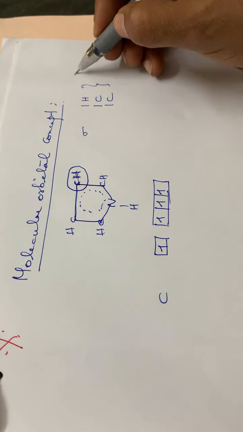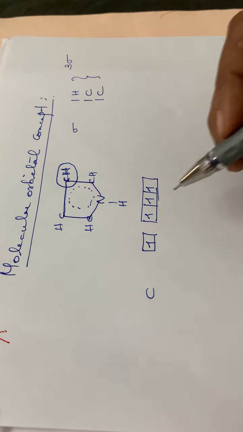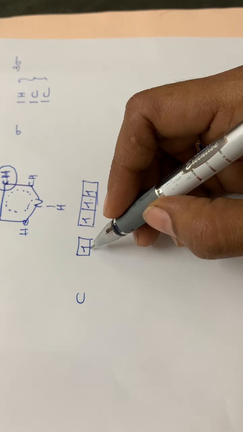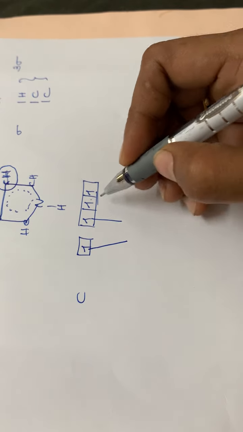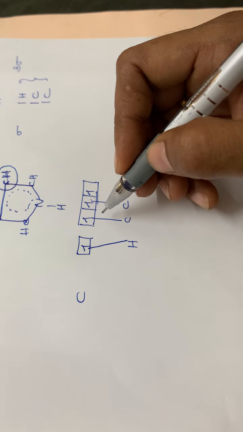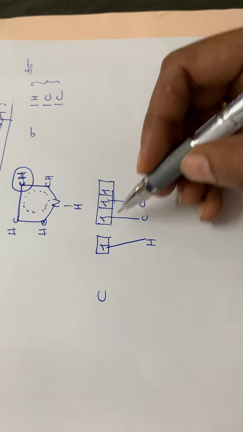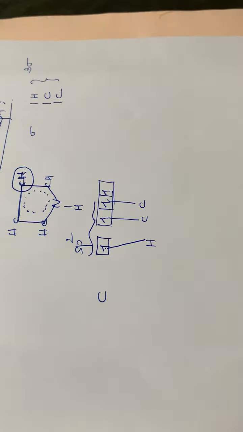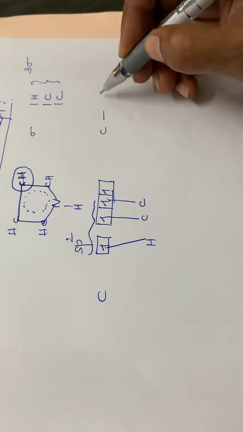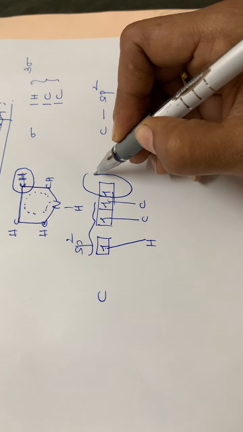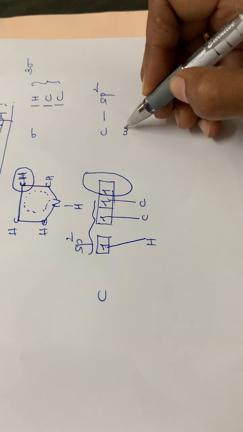So in total it will have 3 sigma bonds, isn't it? This carbon has bonding with one hydrogen, one carbon and one carbon. So what about the hybridization of this particular carbon atom? One s and 2 p orbitals, isn't it? So the hybridization becomes sp2. Carbon has three sp2 hybrid orbitals, and there will also be one remaining unhybridized p orbital, isn't it?